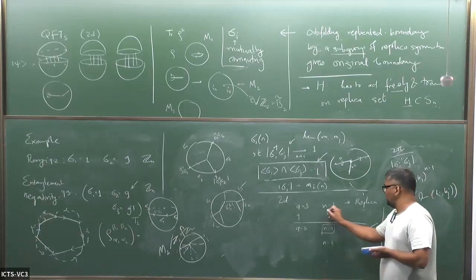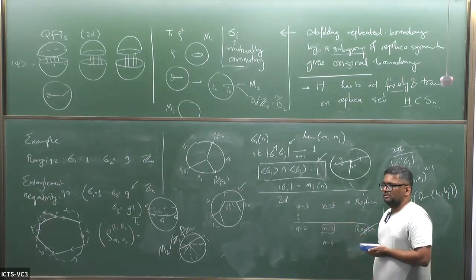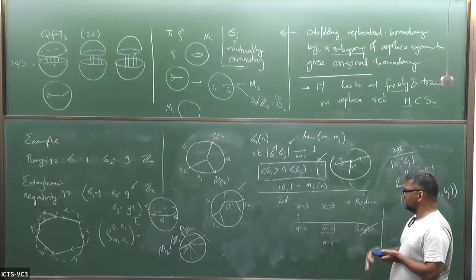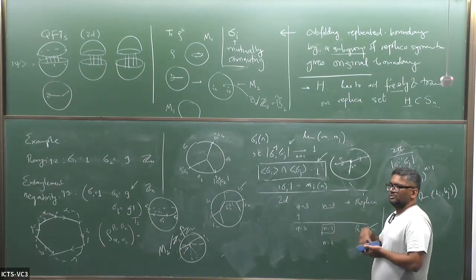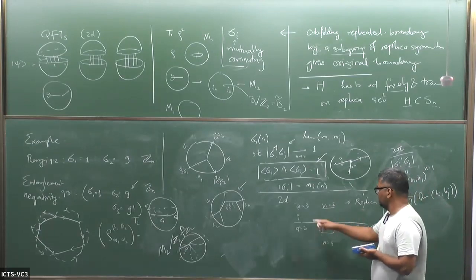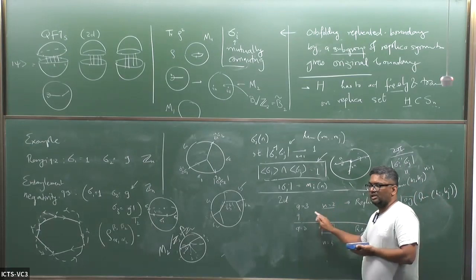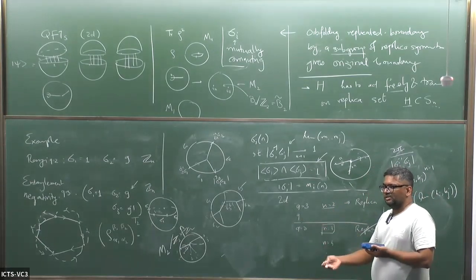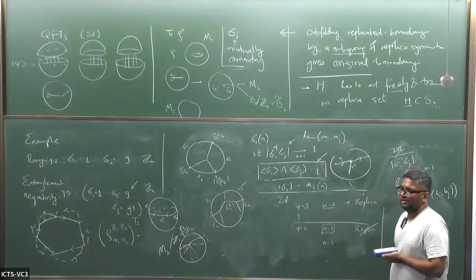No, it depends also on N, not just on the surface. It also depends on how the replica symmetry is acting, because for various values of Q and N, you can get the same genus surface, but the replica symmetry may act differently.